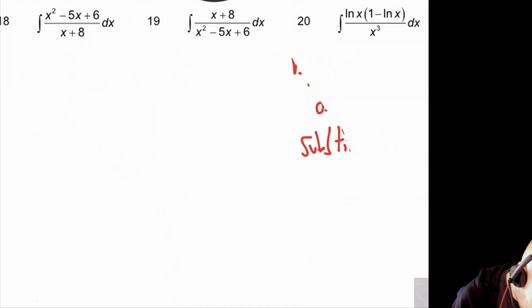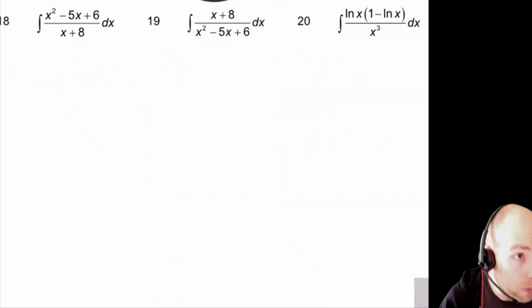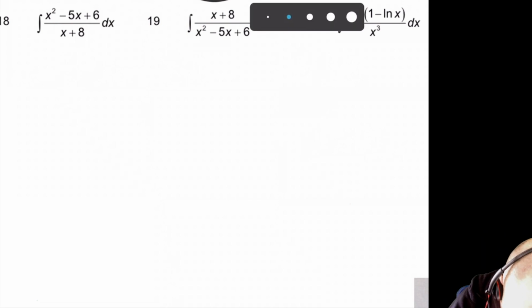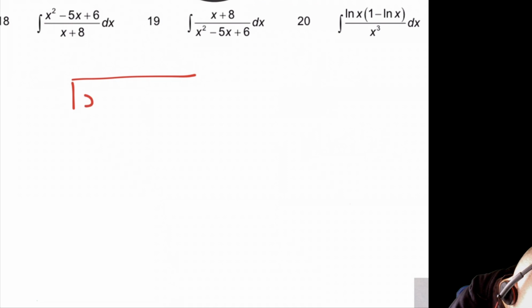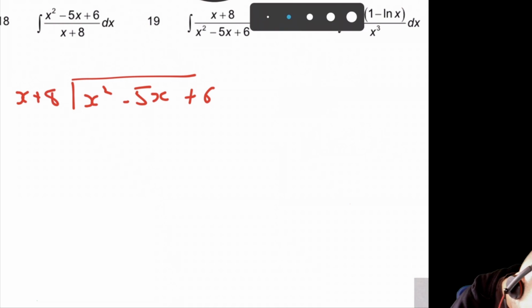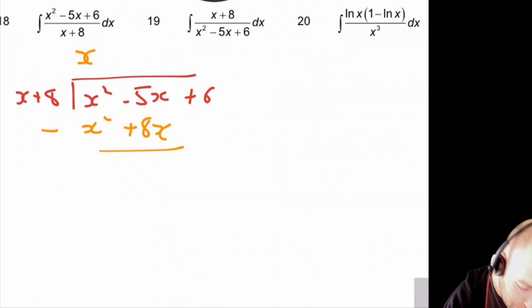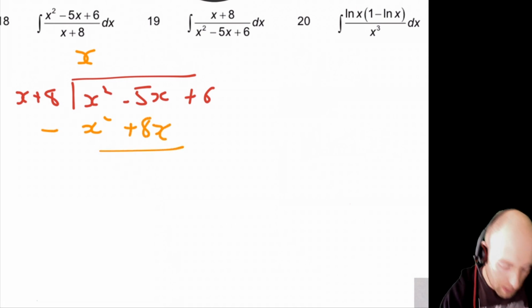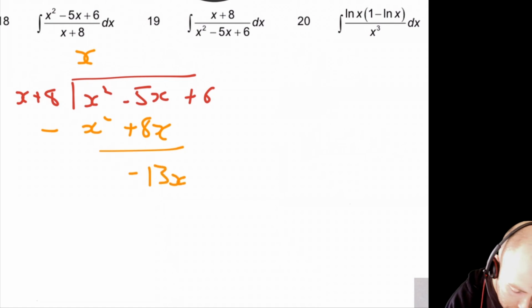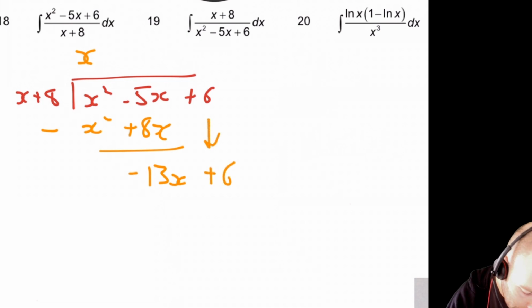So long division for this one. We're gonna get x on top, x squared there, plus 8x. Minus 5, take 8. It's going to be minus 13x. And then the 6 just goes there.